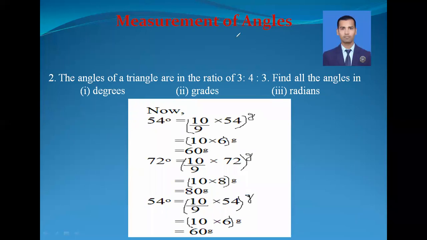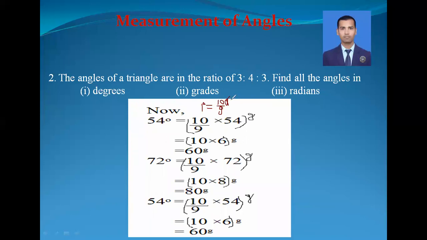So now we only convert degree into grade. 54 degree is equal to 10 by 9 into 54 grade, because 1 degree is equal to 10 by 9 grade.